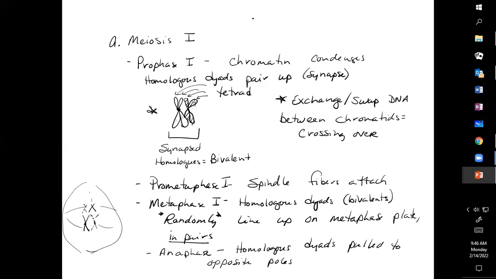I'll just put it up here before I change the screen. So you get telophase and cytokinesis, where the two new cells form. So telophase, cytokinesis, I'll say the division of the cells is completed.